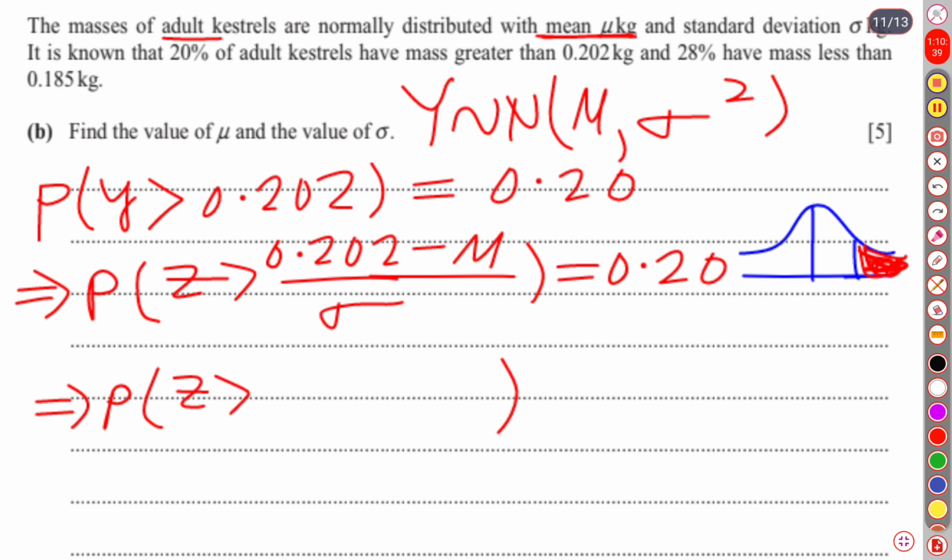So what we will do is find the z score. It is 2.2. Suppose it is 0.202. For this, the z score is this, and we are going to find the greater probability.